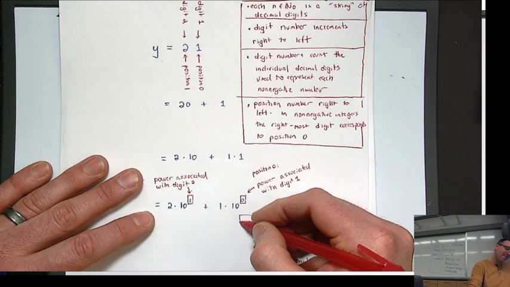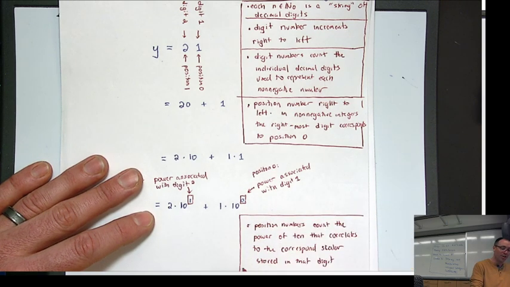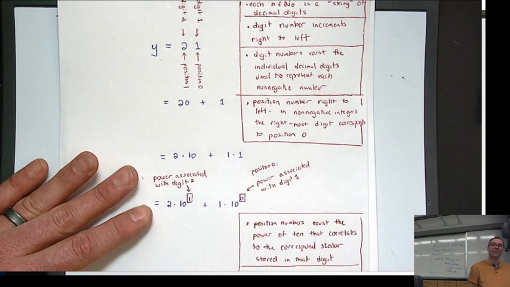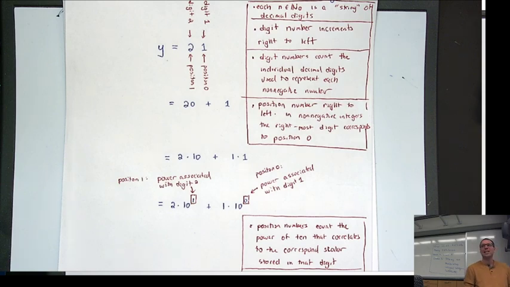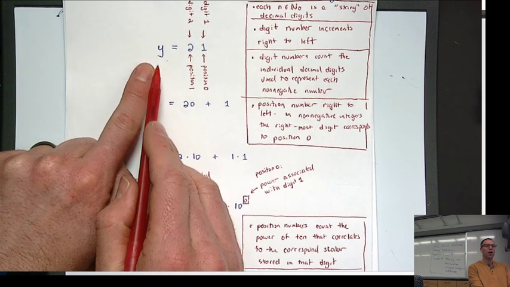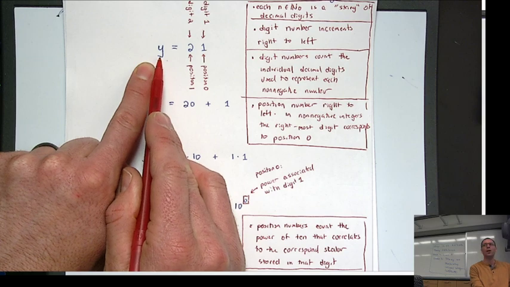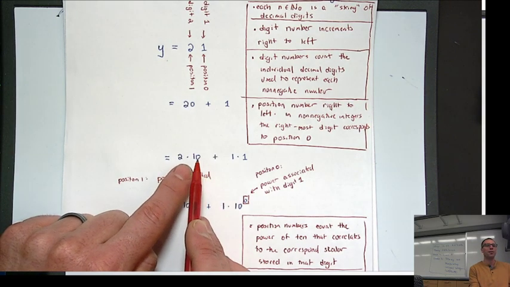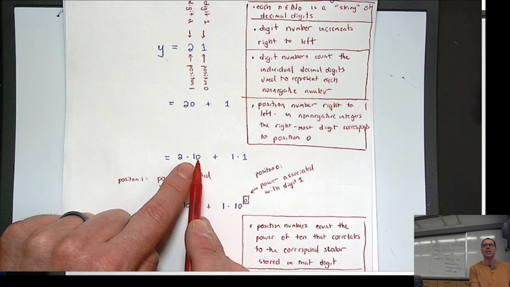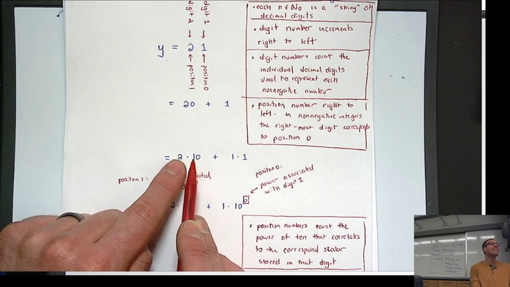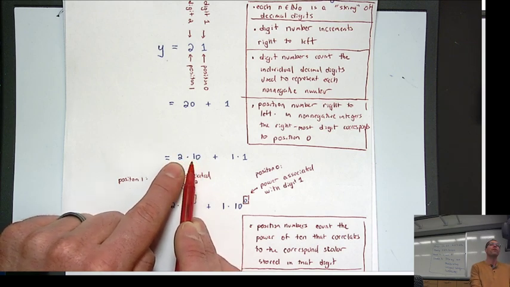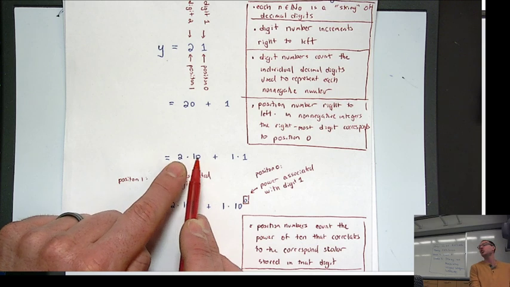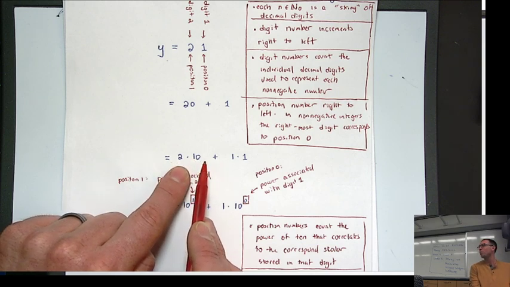And somebody that's taken Math 2B, I want you to say linear combination and coefficient. Each unsigned natural number is a linear combination of basis vectors. Each basis vector is a different power of 10, and the corresponding decimal digits are the coefficients associated with each of those powers of 10.